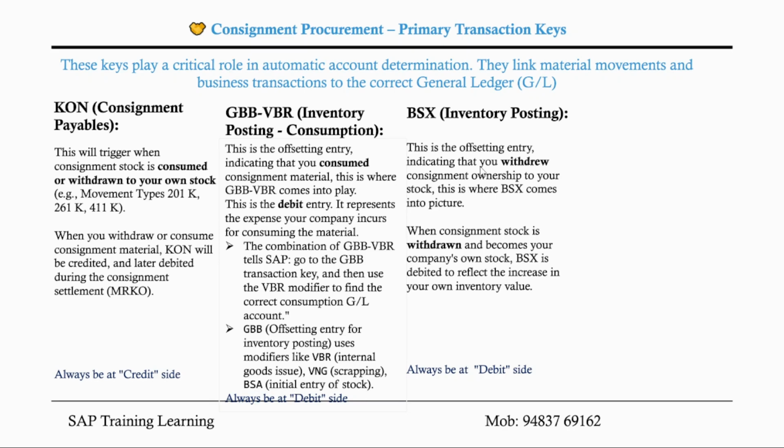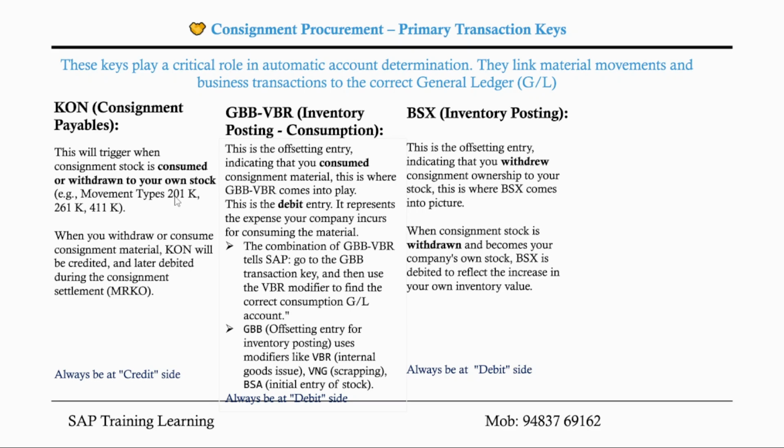Right? Now the other transaction key is BSX. BSX is normally not involved in consignment, but it will be involved when the company inventory is getting hit. For example, this is the offsetting entry again, meaning the BSX inventory account received. Inventory account means your own inventory increased.